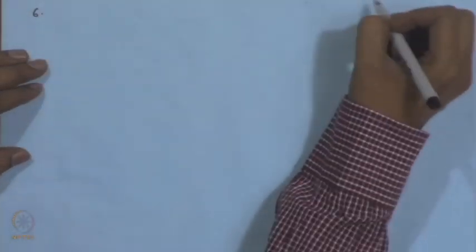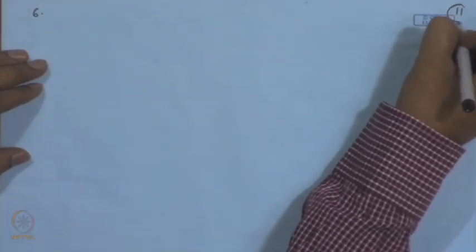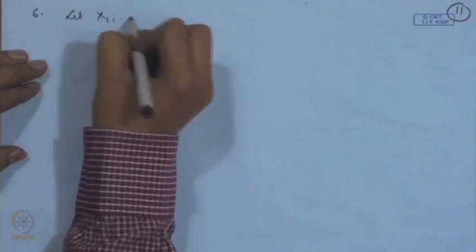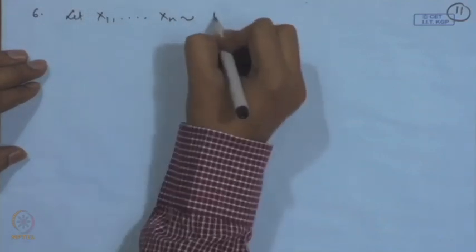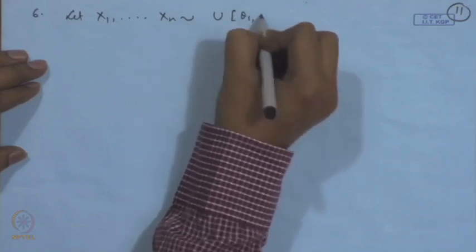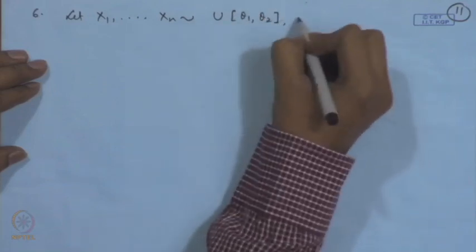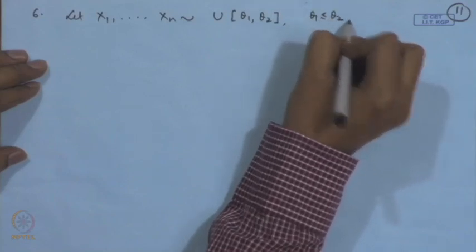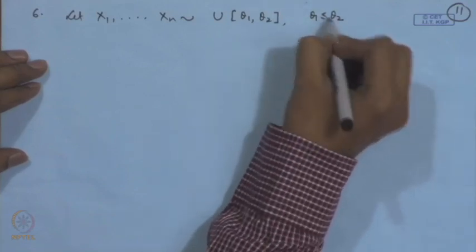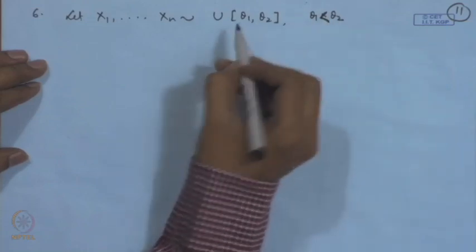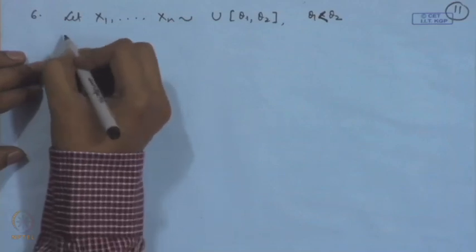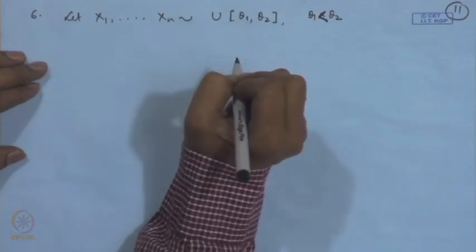Suppose I take a random sample from uniform theta 1 to theta 2, where theta 1 is certainly less than or equal to theta 2. So, in this case we have two unknown parameters and we consider the maximum likelihood estimation.